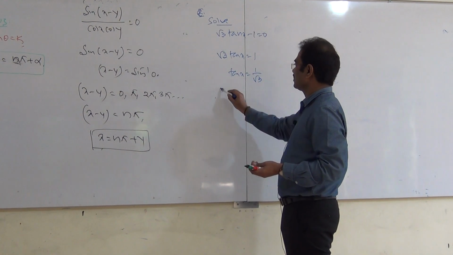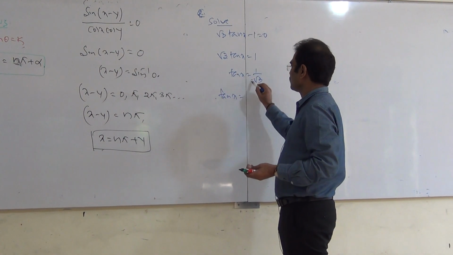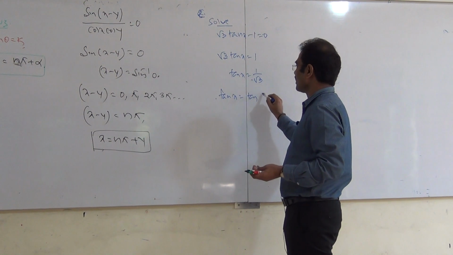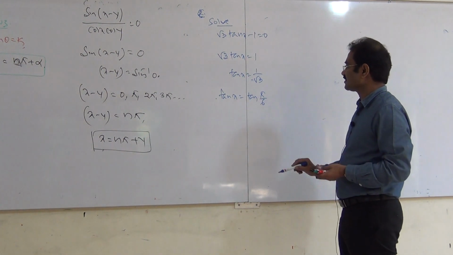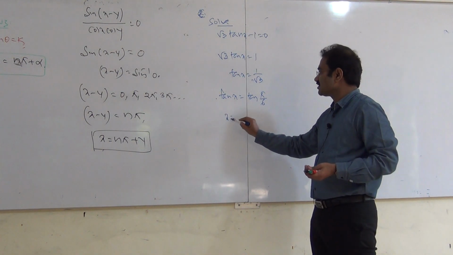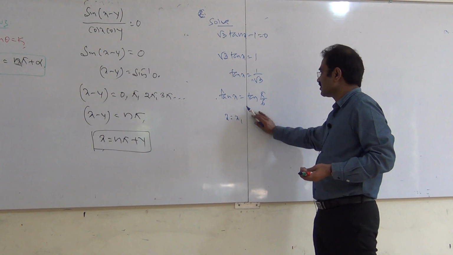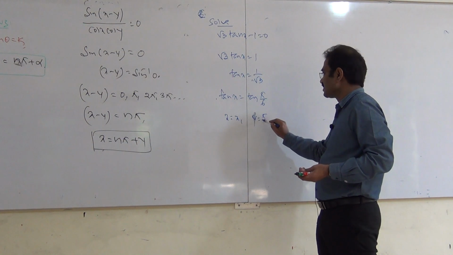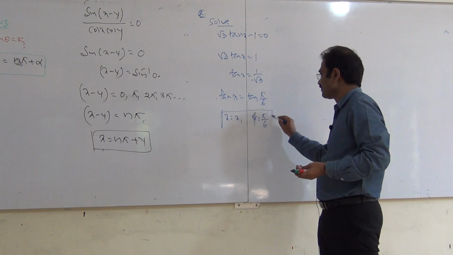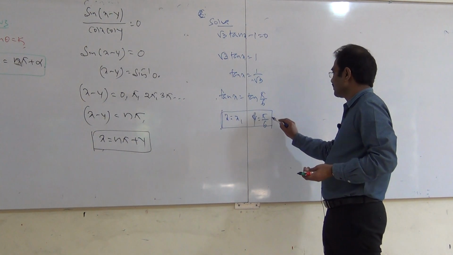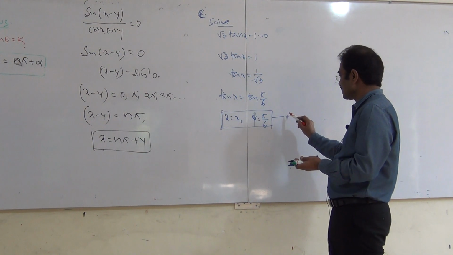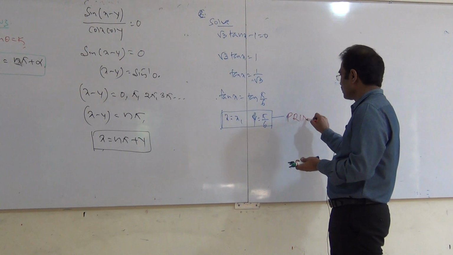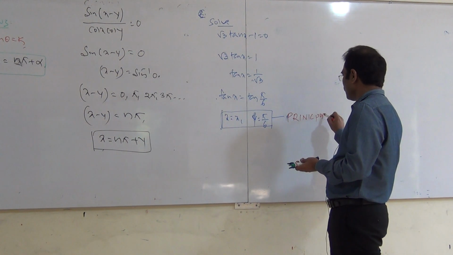Yes. Now tan x is equal to tan of, for what value? 30 degrees, pi by 6. Now x is equal to n pi plus, in the place of y, pi by 6. All of you know what this is? This is called principal value.